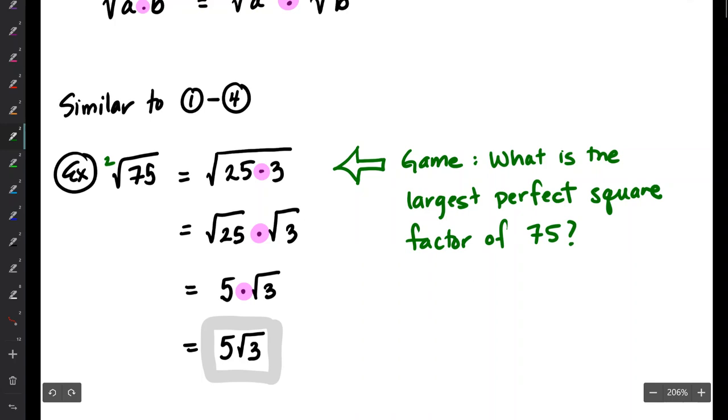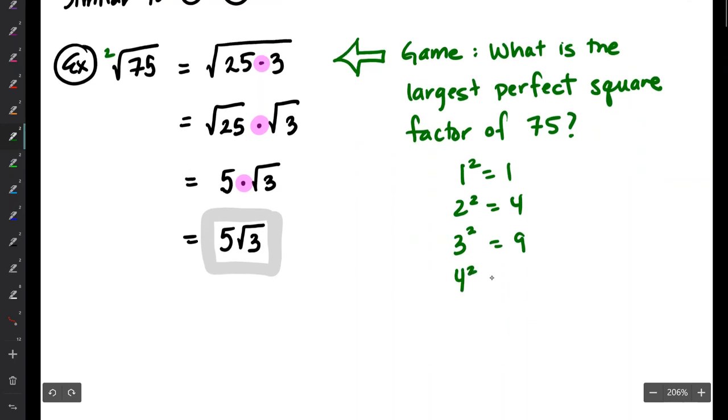If we think about perfect squares, 1 squared is 1, 2 squared is 4, 3 squared is 9, 4 squared is 16, 5 squared is 25. 25 goes in evenly to 75. So you don't want to just factor 75 any old way. You want to factor it so that we've got a perfect square factor right there.